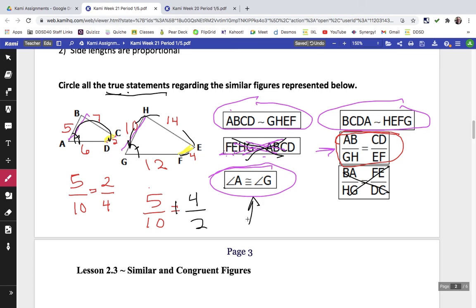The angles of congruent figures are equal to each other. The sides are proportional. This one started in a different place, B, but it corresponds with H, and they both went the same direction. They both went clockwise around this way, B, C, D, A, and then H, E, F, G. This was proportional because this is small right here.